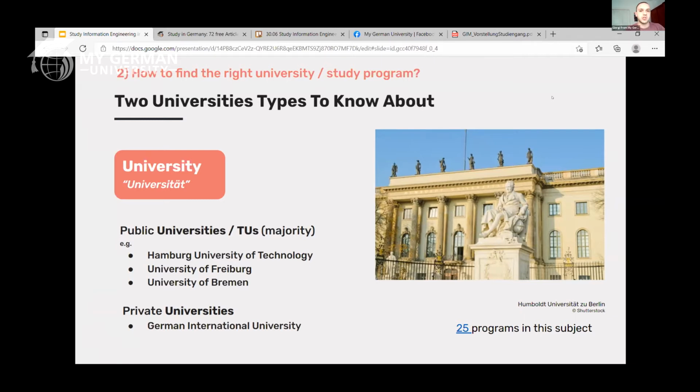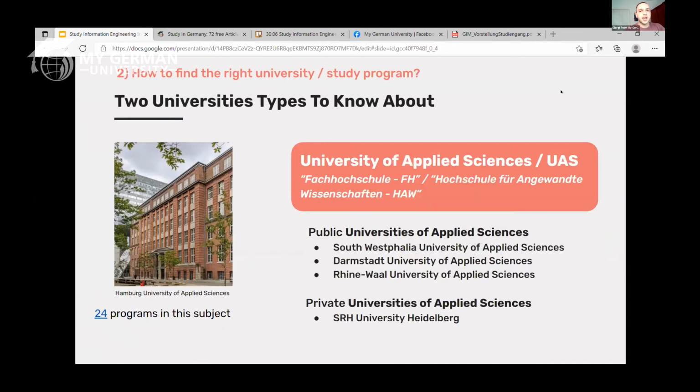The second type of university is the University of Applied Sciences. In this case, too, we have public and private university divisions, and you can see some examples on the slide as well. If you search for programs in information engineering or related programs, you will find 24 programs in this or related subjects.